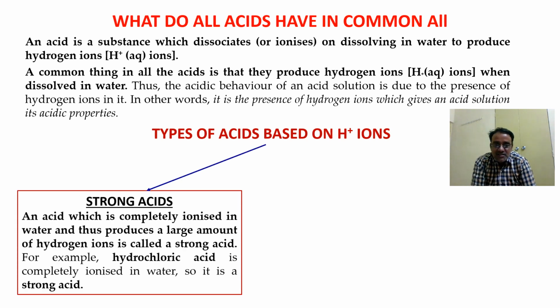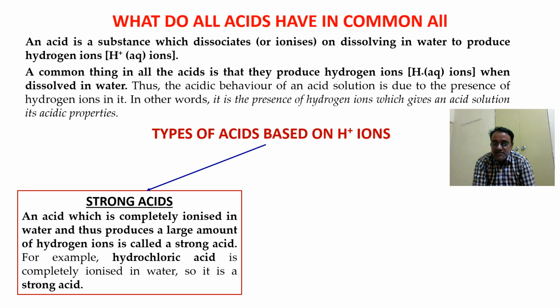Okay, so this is the first one: an acid which is completely ionized in water and thus produces a large number of hydrogen ions is called a strong acid. For example, hydrochloric acid. Just now I told you that it is completely ionized in water to form one cation H plus and anion Cl minus. So it is a strong acid.